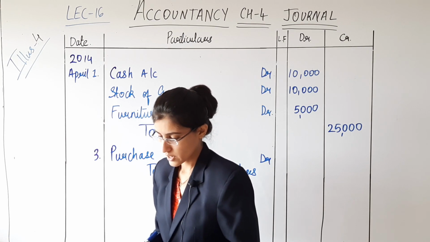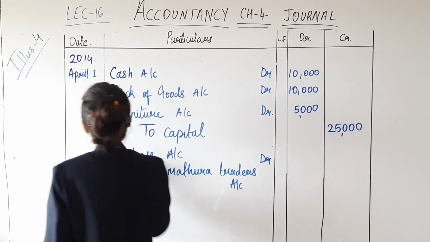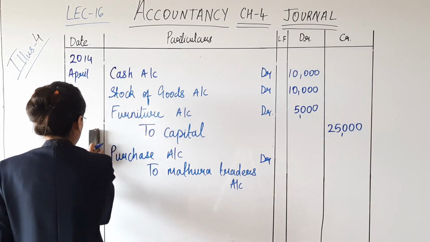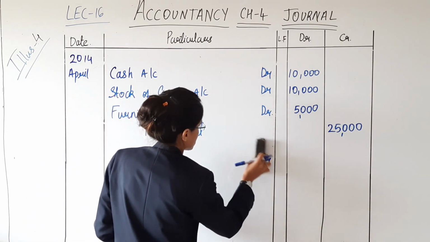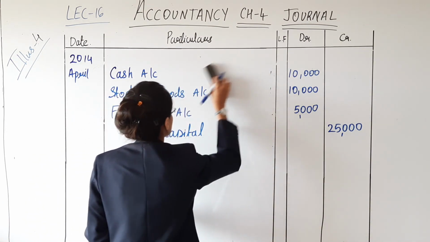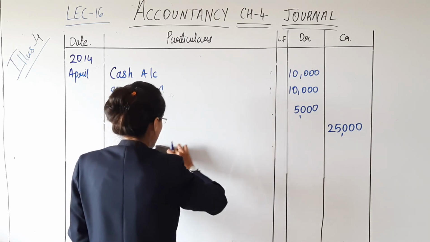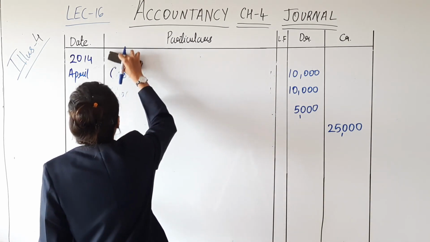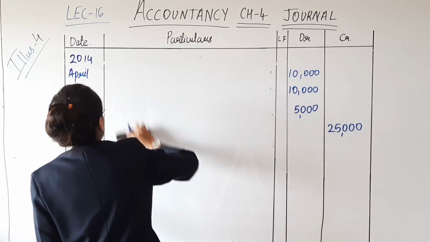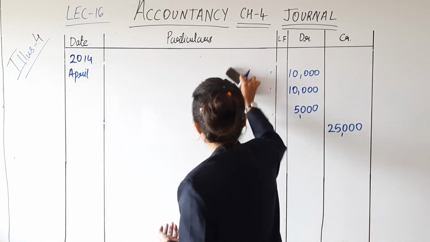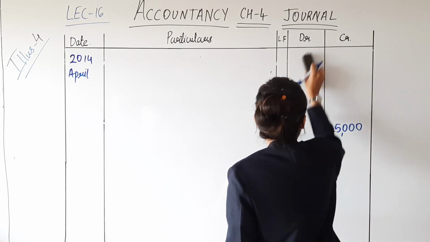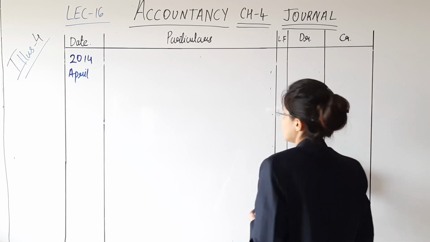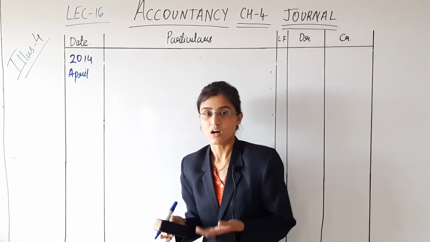Goods sold for cash rupees 4,000. It is on 4th of April. Goods have been sold for cash. So the two effects are going to be cash account and sales account, of course. Now you just have to decide what to debit, what to credit. So here the goods have been sold. So goods goes out, credit what goes out, and you have sold it for cash. So cash comes in.